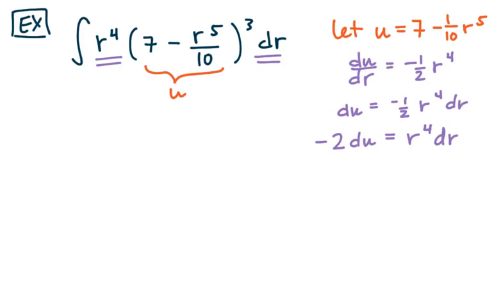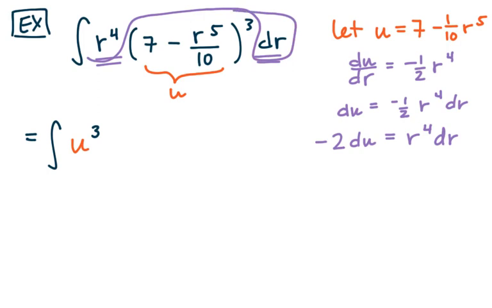So simplifying this integral, in my parentheses, I have u now to the 3rd power, and r to the 4th dr is equal to negative 2 du.